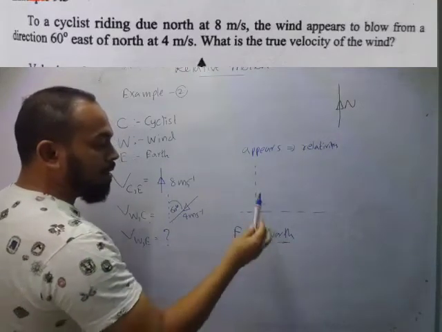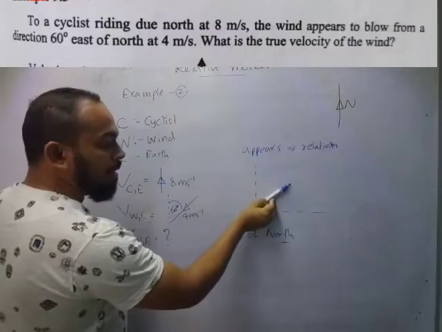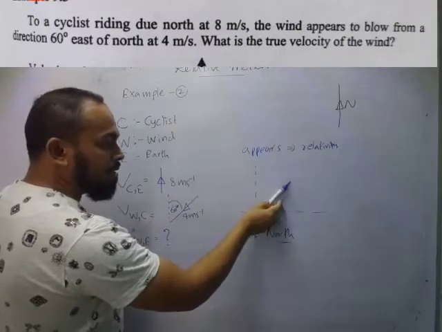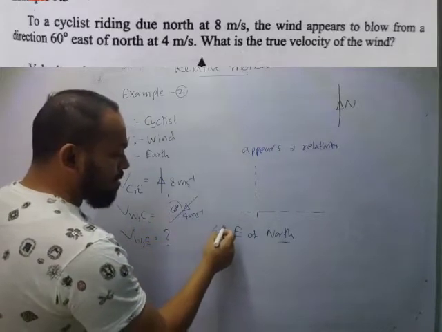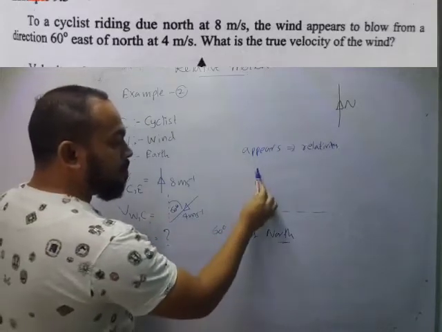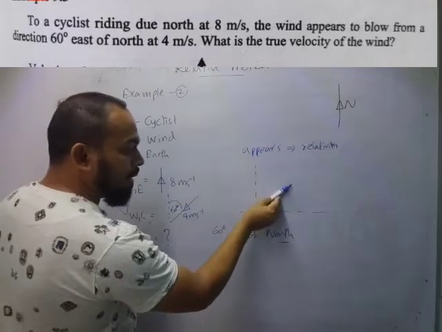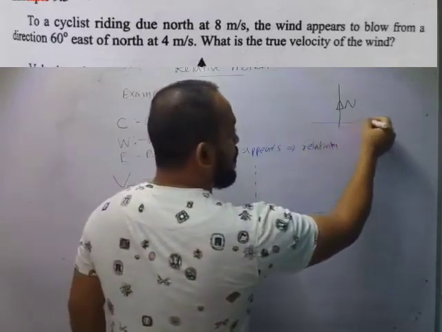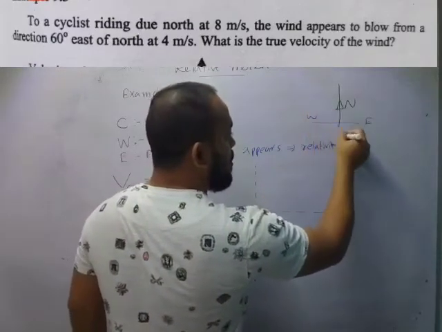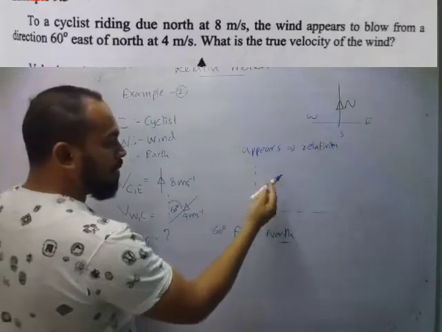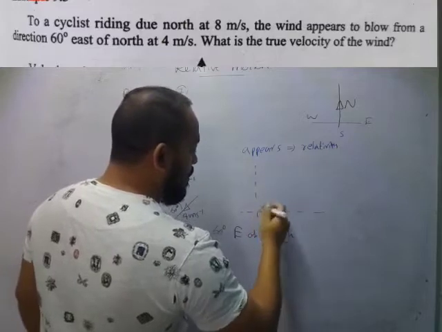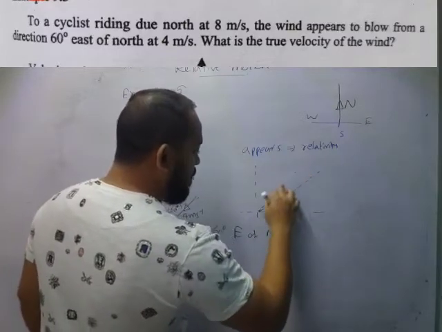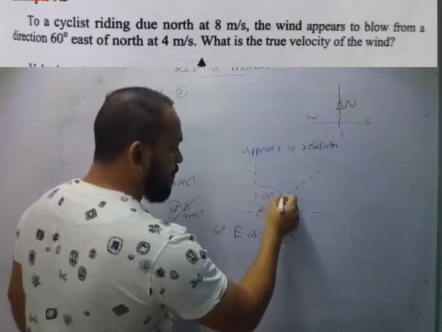East of north, so start from north and go toward east. 60 degrees east of north. So from here toward the east side. If this is north, this is east, west and south, and here is the direction. Mark this first. This is 60, right?